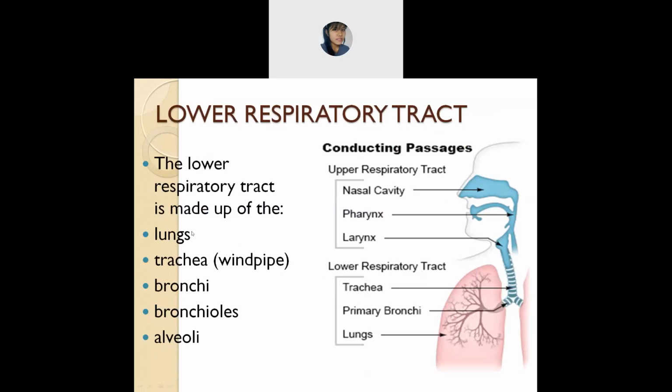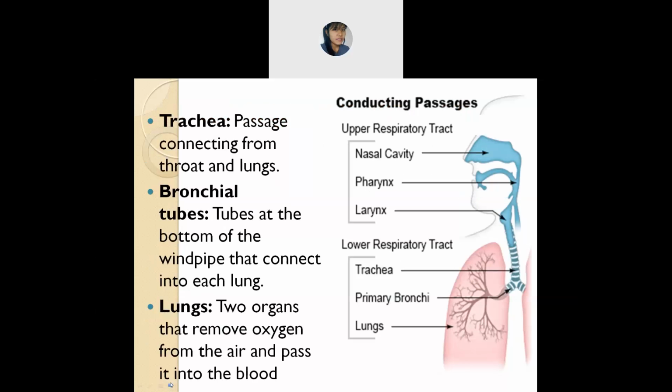Next is the trachea, also known as the windpipe, because it is just like a pipe. Next is bronchi, they lie in between, I mean, they are attached to the lungs, this one, bronchi.